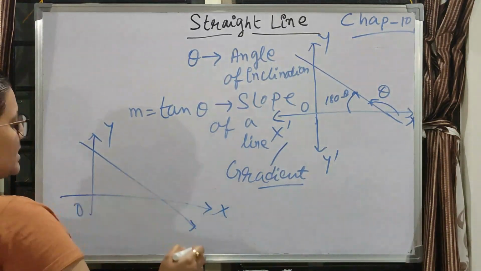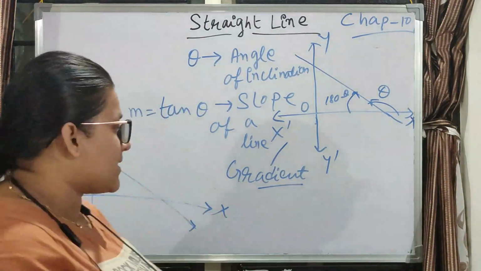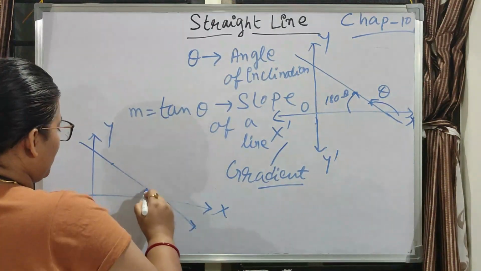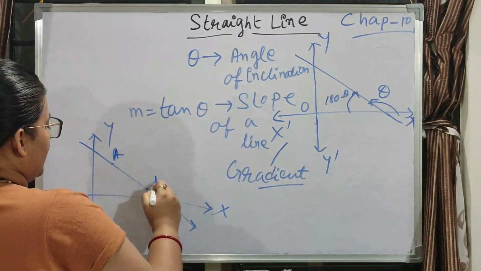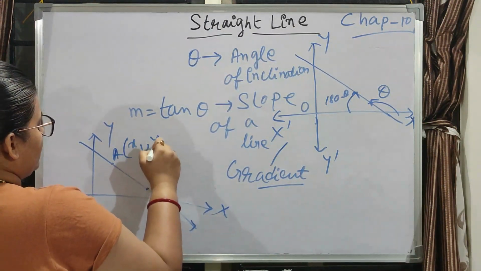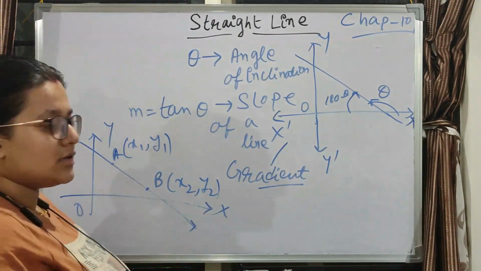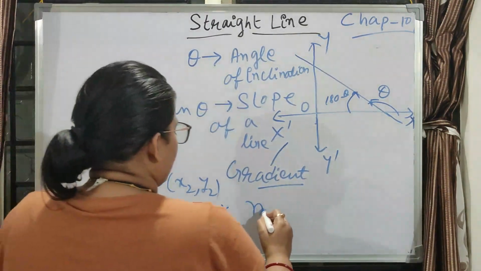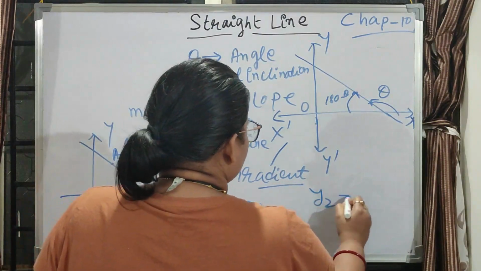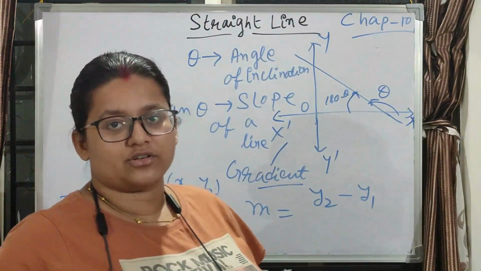So here this is any line. We can take any 2 points on this straight line. So I am taking here 1 point, here 1 point, A, B. This one is x1, y1. This one is x2, y2. Slope for this is m equals to difference of y coordinates by difference of x coordinates.